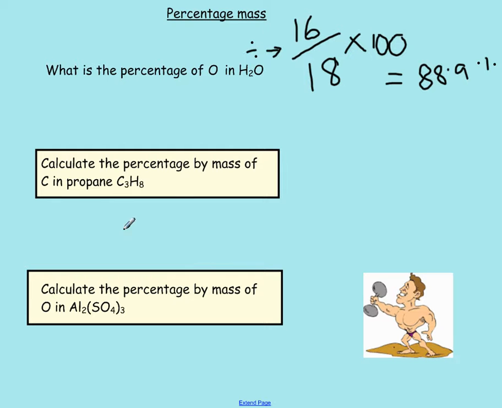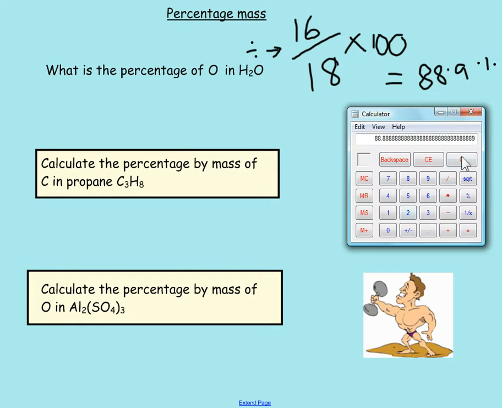I'll do some more here for you. So calculate the percentage by mass, because they sometimes word it like that to sound a bit posh, of carbon in propane, C3H8. So you've got 3 carbons, that's 3 times 12, and 8 hydrogens, so that's 8 times 1. So in a calculator, we've got 8, that's the hydrogens, because the top number is 1, and 3 carbons, carbon is 12, so let's do it slowly.